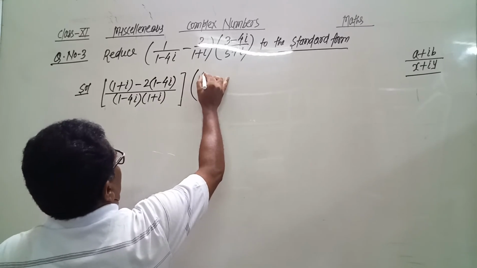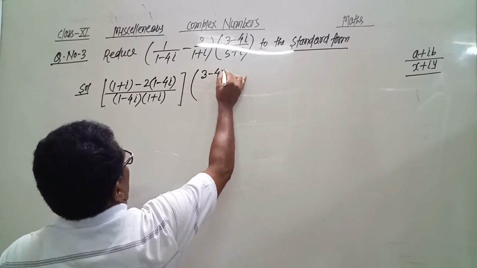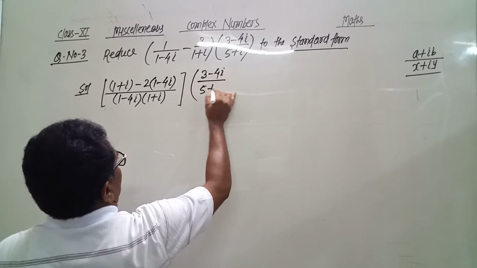And in a bracket there is 3 minus 4 iota upon 5 plus iota.